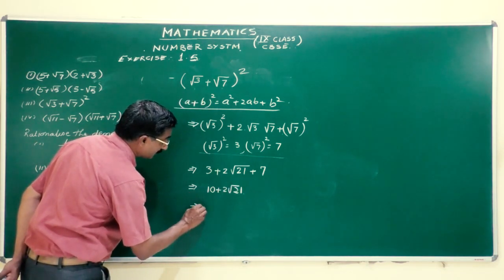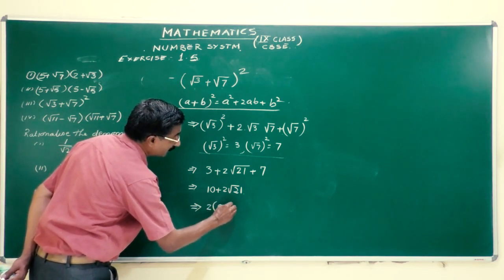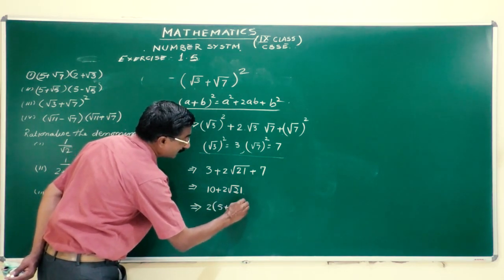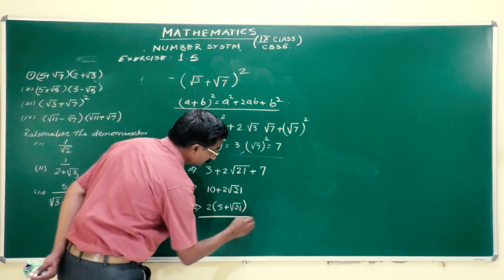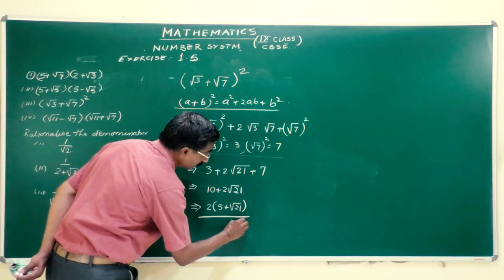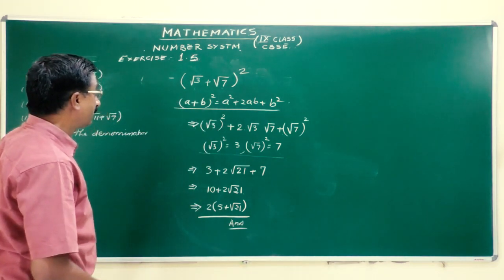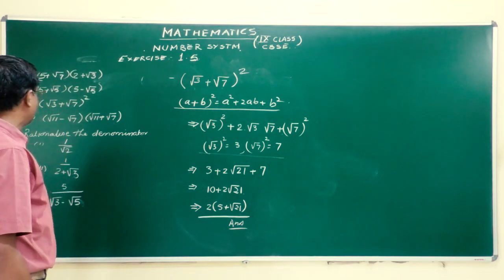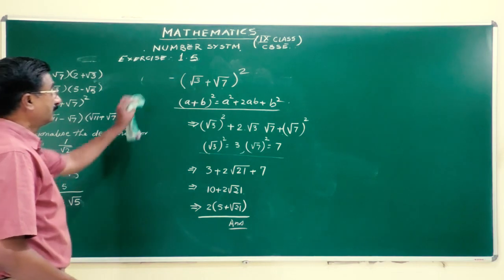If you like, you can write it with 2 common, so 5 plus root 21 times 2. So this is the answer. Clear? Now the next one, the fourth one.